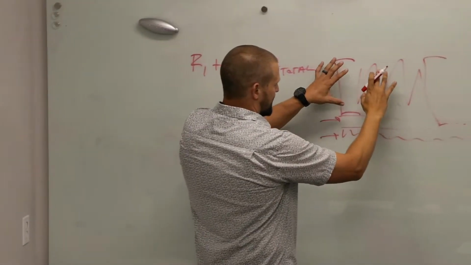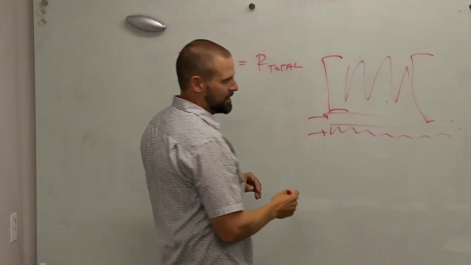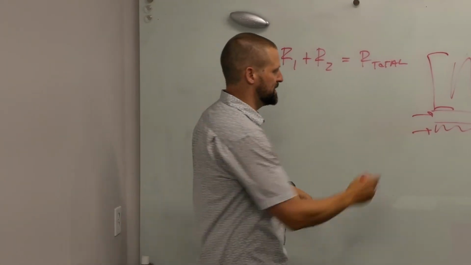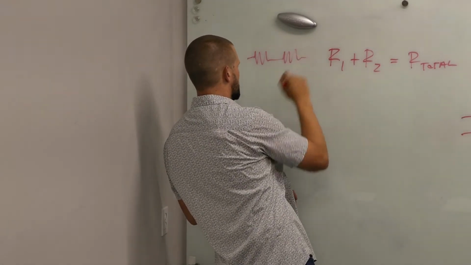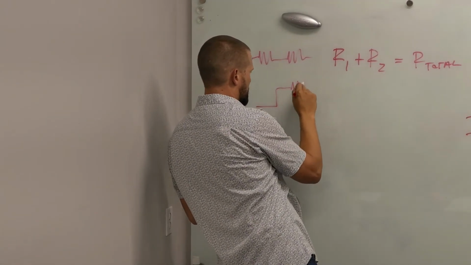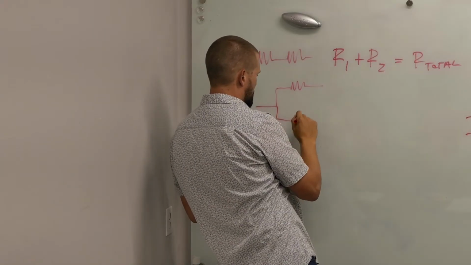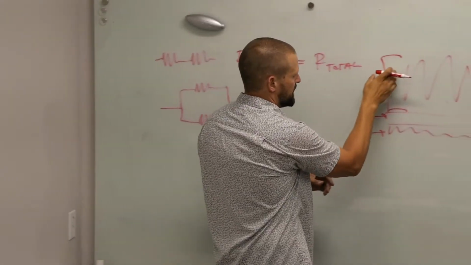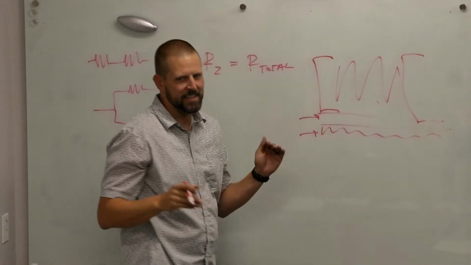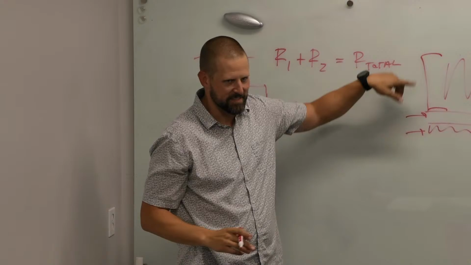When we add these up, they're in parallel, right? Or this can be seen as, you think more like an electrician, like this. And thermally, this and this, and it's not exactly in parallel because this isn't straight.